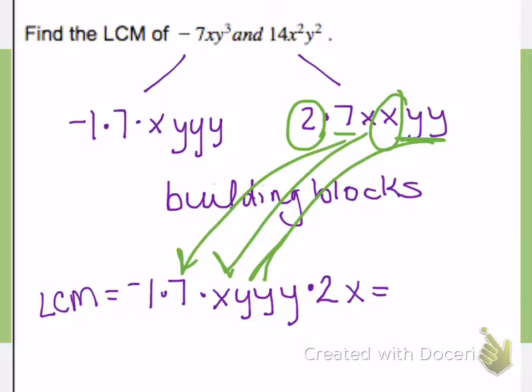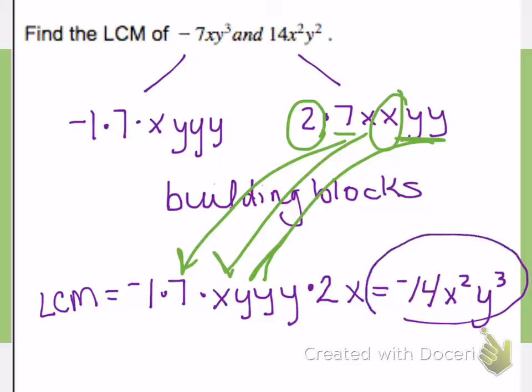So I've got -1 times 7 is -7, times 2 is -14, and then I have 2 factors of x, or x squared, and 3 factors of y, or y to the third. So my LCM is -14 x squared y to the third. Again, it has to be a value that both other values would be able to divide into or be inside of.